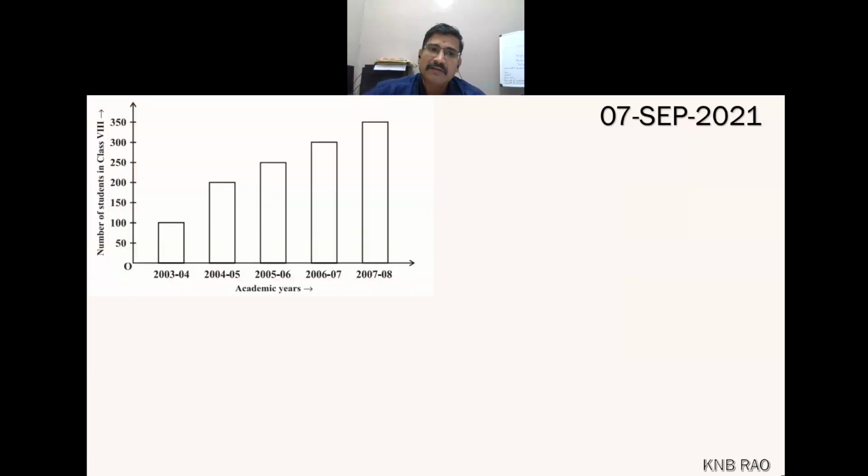Then moving on to the bar graph. Now, the number of students in class 8 in the academic years 2003 to 4, 4 to 5, 5 to 6, 6 to 7, 7 to 8, and so on. If you observe, the strength of class 8 keeps increasing. What is the strength of class 8 in 2006 and 7?